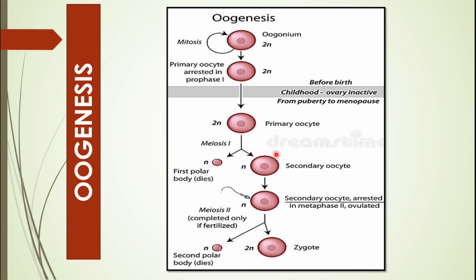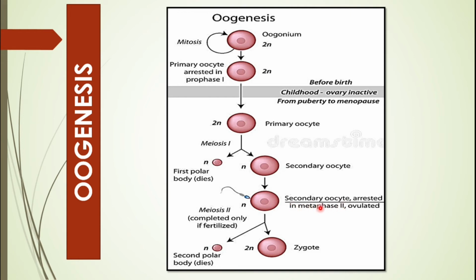What happens next? The secondary oocyte now undergoes meiosis 2. Meiosis 1 is followed by meiosis 2, and meiosis 2, remember, is an equational division where we have prophase, metaphase, anaphase and so on. The secondary oocyte completes its prophase and enters into metaphase. However, it remains suspended at the metaphase stage, and metaphase 2 is a relatively long phase.